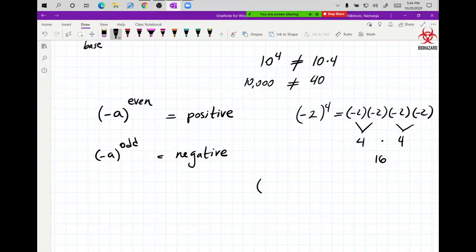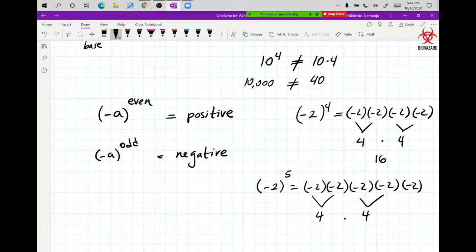So if I go negative 2 to the fifth power, that's negative 2 times negative 2 times negative 2 times negative 2 times negative 2. See, this pair gives me positive 4. This pair gives me positive 4. But this one stays as negative 2. And the result is negative 32, right? 16 times negative 2 is negative 32.